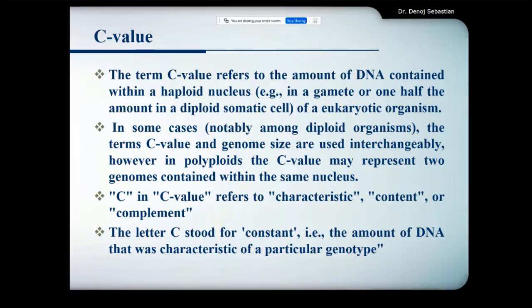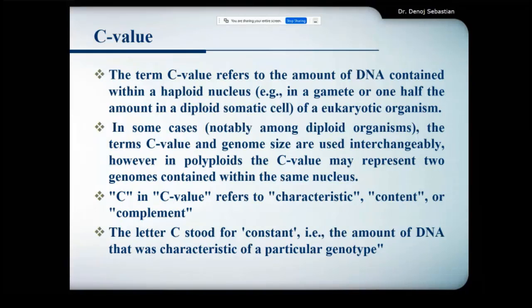In some cases, notably among haploid organisms, the terms C-value and genome size are used interchangeably, because in a diploid it is half, whereas in a haploid cell or a gamete it is the same as the total DNA content. Many scientists offered different expansions for C, like characteristic value, constant value, content value, complement value.